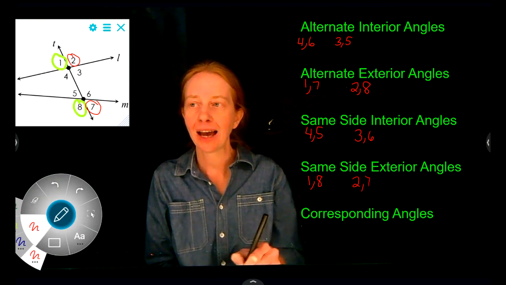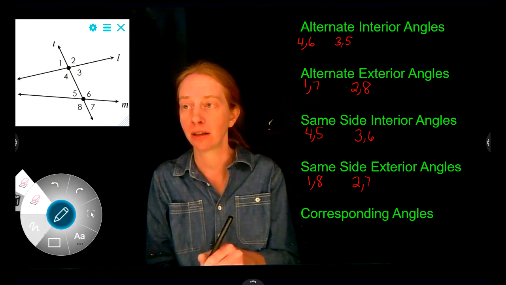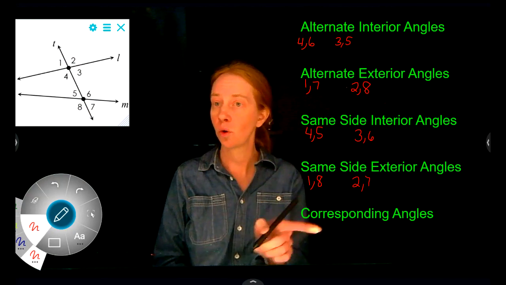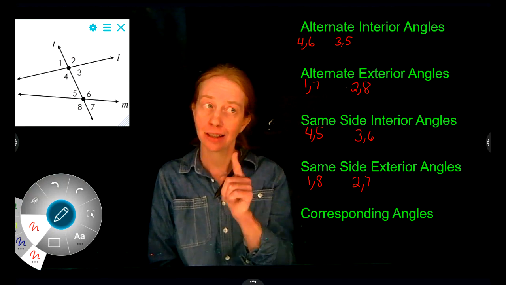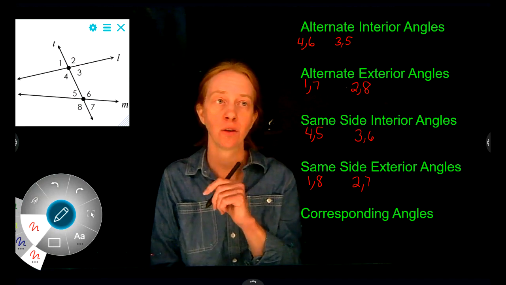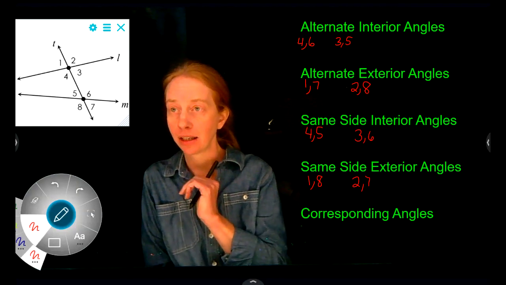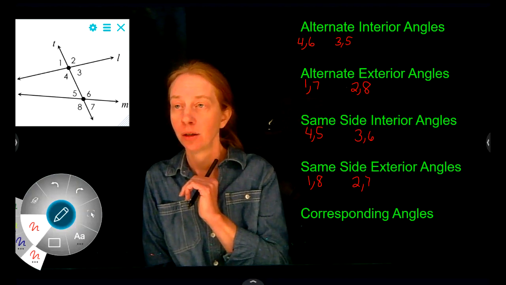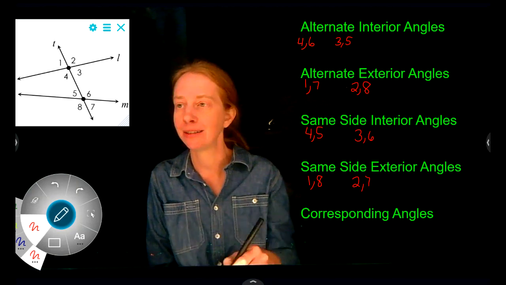All right, now this last one is a little bit different because there's actually 4 pairs of these instead of 2. So you're going to see these corresponding angles a lot. Just because I put them last in the list doesn't mean you're off the hook for knowing them. Corresponding angles means that they are on the same side of the line, but they're also in kind of what I would consider to be the same position.